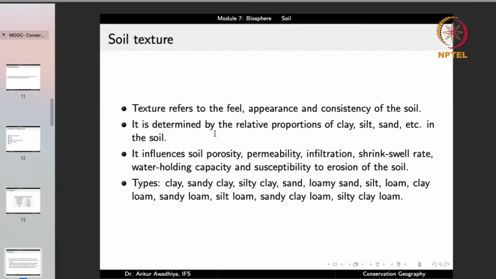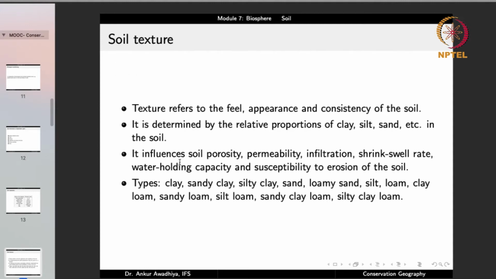Essentially it is determined by the relative proportions of various soil separates. Now texture influences soil porosity, permeability, infiltration, shrink and swell rate, water holding capacity and susceptibility to erosion of the soil. And we'll look at these different features in a short while.